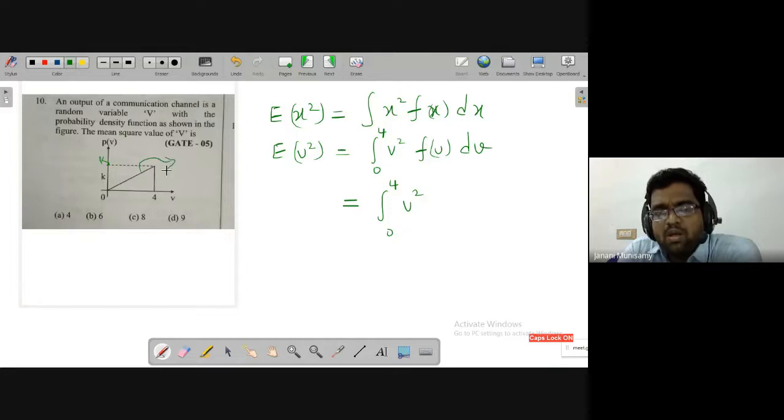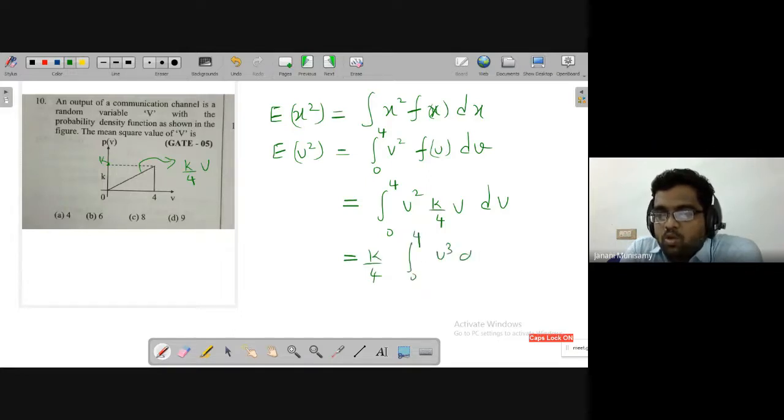I hope y equals mx plus c, where c is 0. So the slope is k by 4, so k by 4 v is the equation of this line, that is k by 4 v dv. Now you take the k by 4 outside, then the integral from 0 to 4 of v cube dv, times k by 4. Again, I think we have to calculate k.